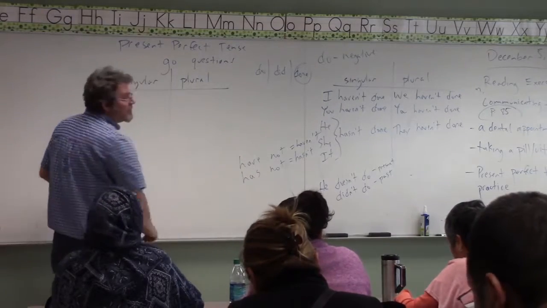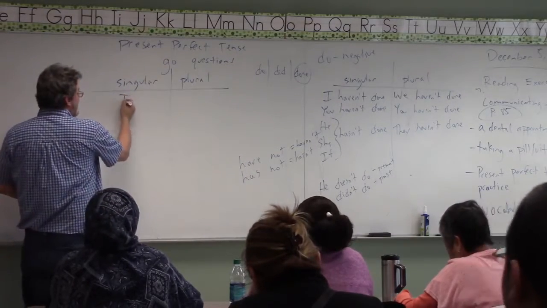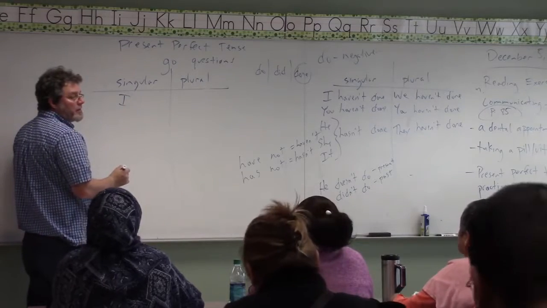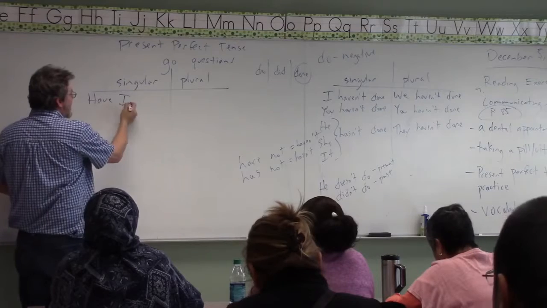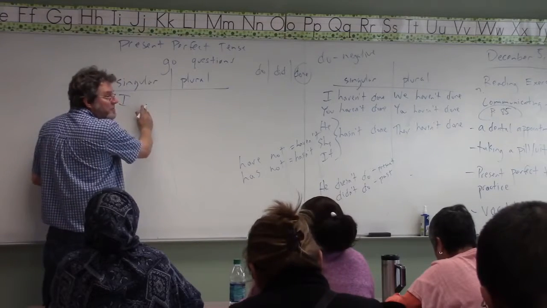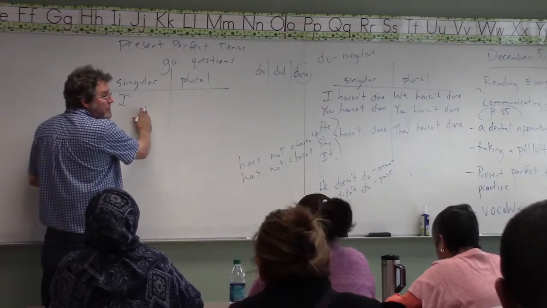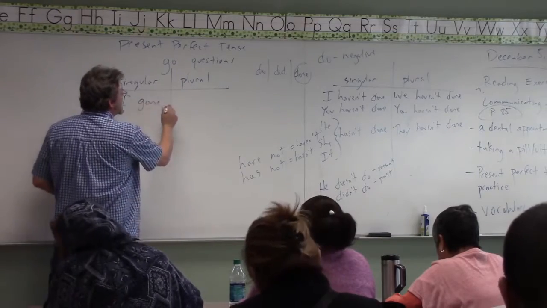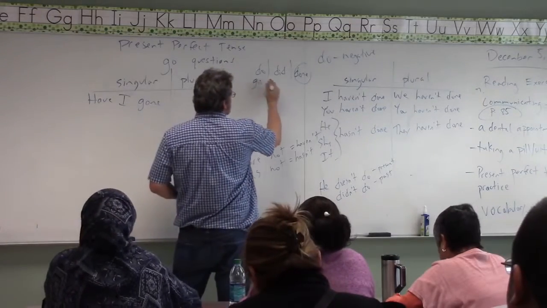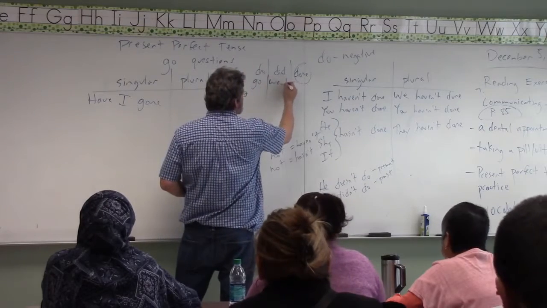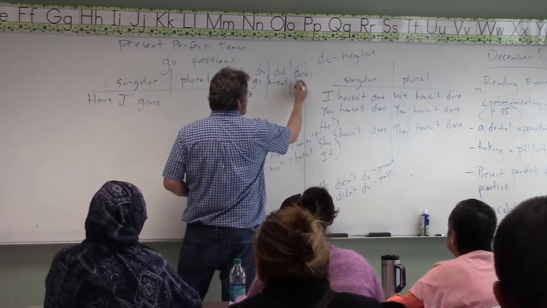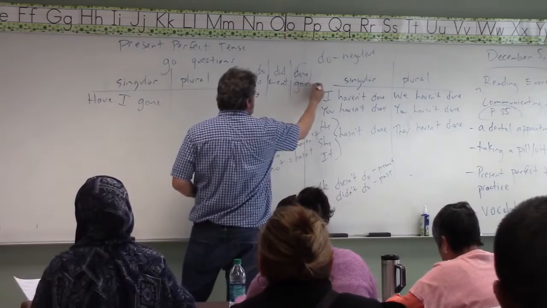So if the subject is I, and you make a question, have, good, have I, and for the verb go, the past participle is gone. Very good. So past tense for go is went, and the past participle for go is gone.